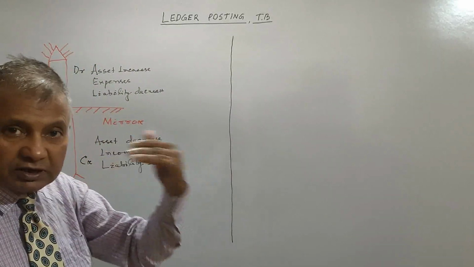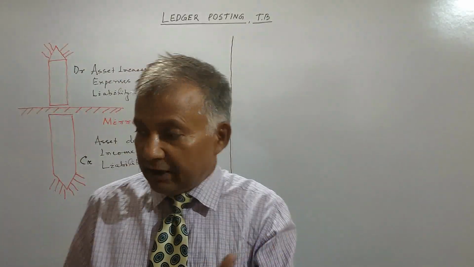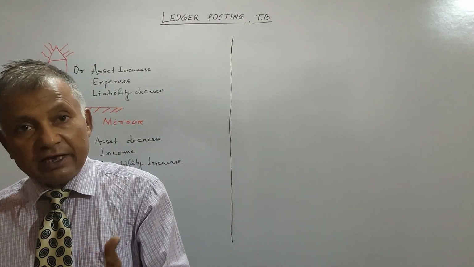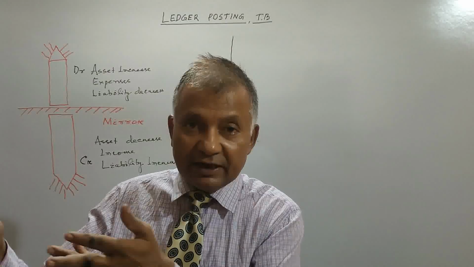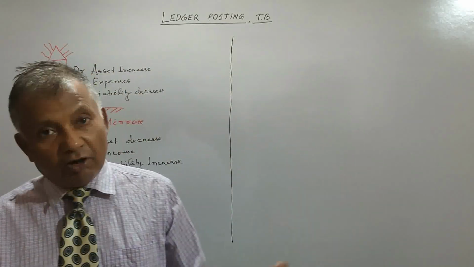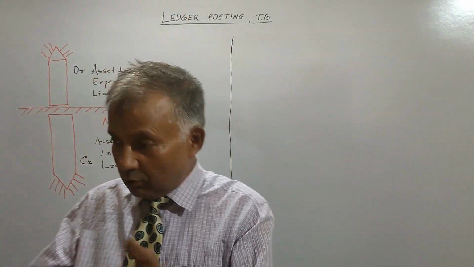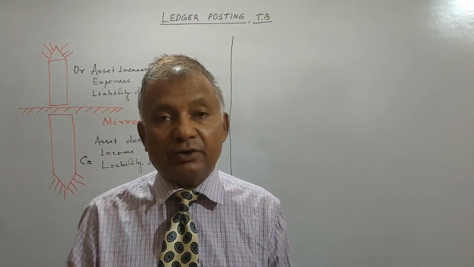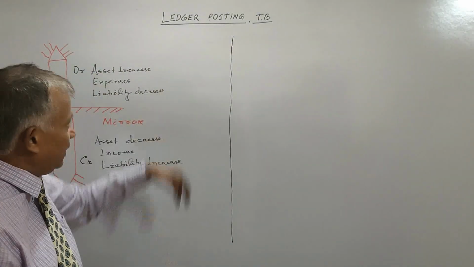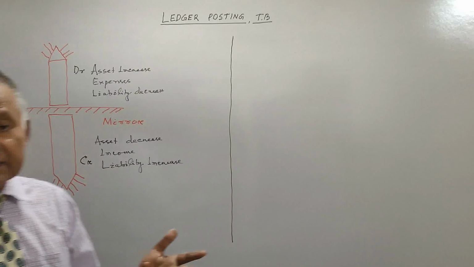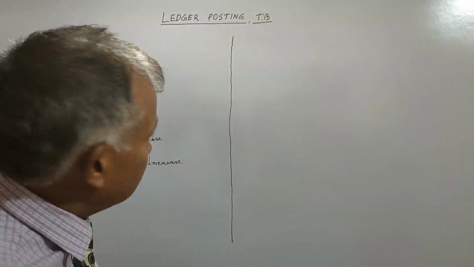Before starting with the journal entry, I would like to tell you, you have to read the question first. If you have not read it, please read it, note it down and start doing the problem with me so that you will understand better.